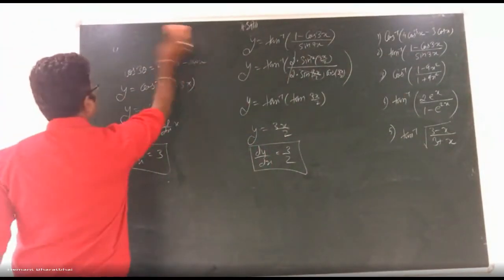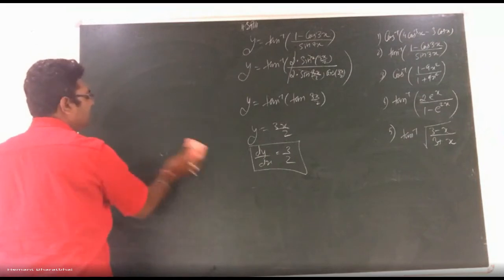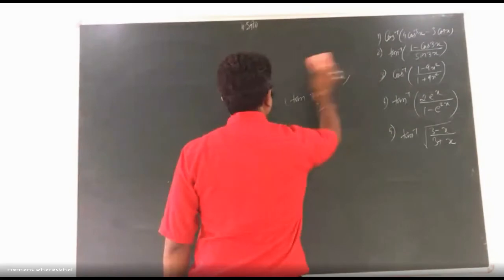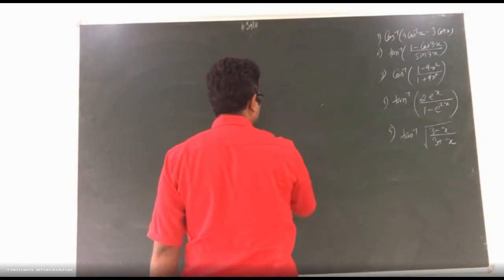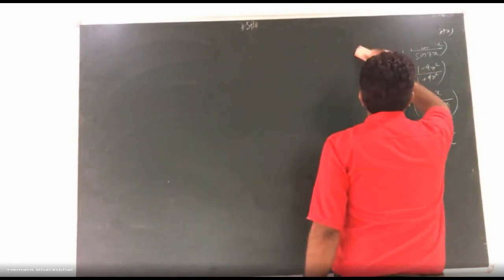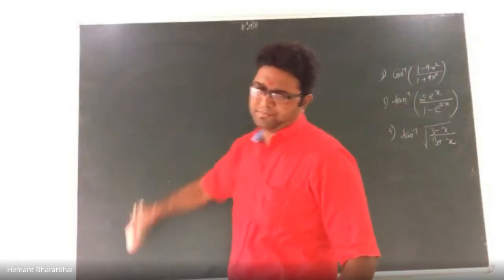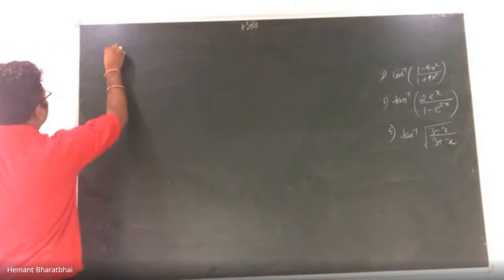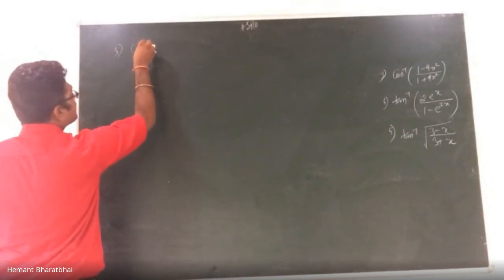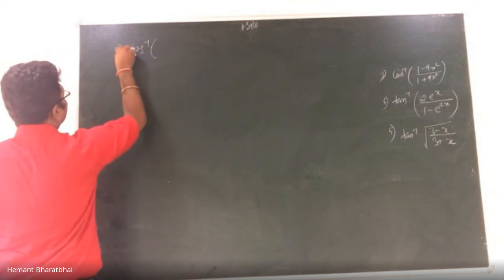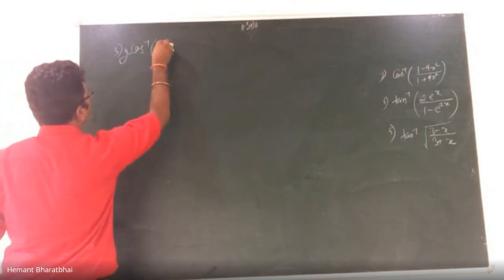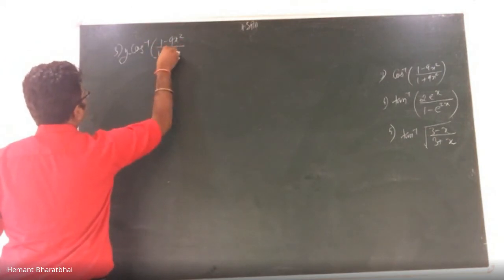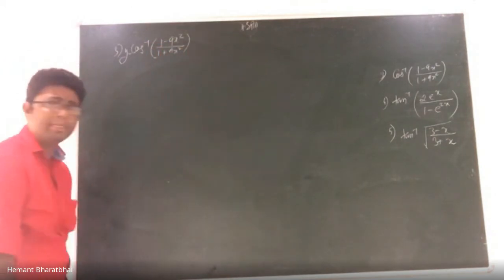I'll rub this. Now for the next one, we have to think a little bit here also, because directly applying the chain rule will create a lot of problems. So I have this third one: y is equal to cos inverse of 1 minus 9x square upon 1 plus 9x square.